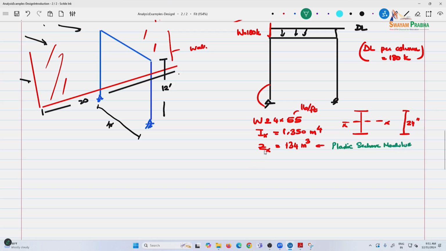And the self weight, of course, is 55 pounds per foot. The data further gives you that PR is 5 psi, TD is 20 milliseconds, and this is a triangular loading, equivalent triangular loading.